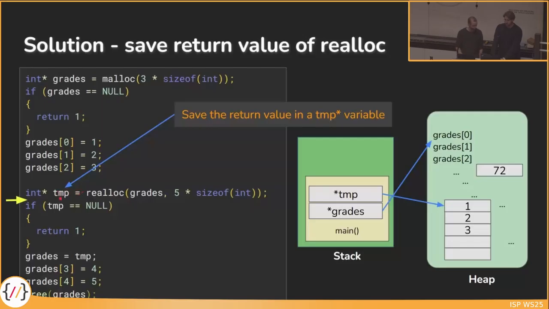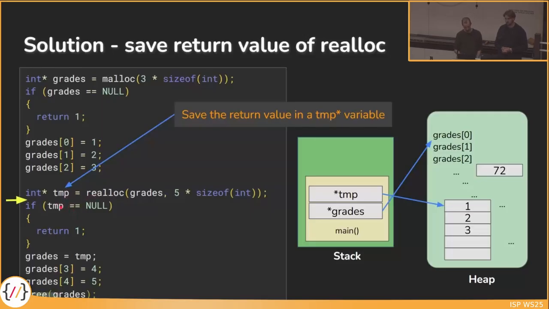And it's very, very good practice to store that in a temporary pointer, in a temporary variable. So I create here another variable on my stack which points to the new memory location. The old one still points to the old location here. I check if that works, because if this realloc would not work, I get null here. I have to check if temp is null.